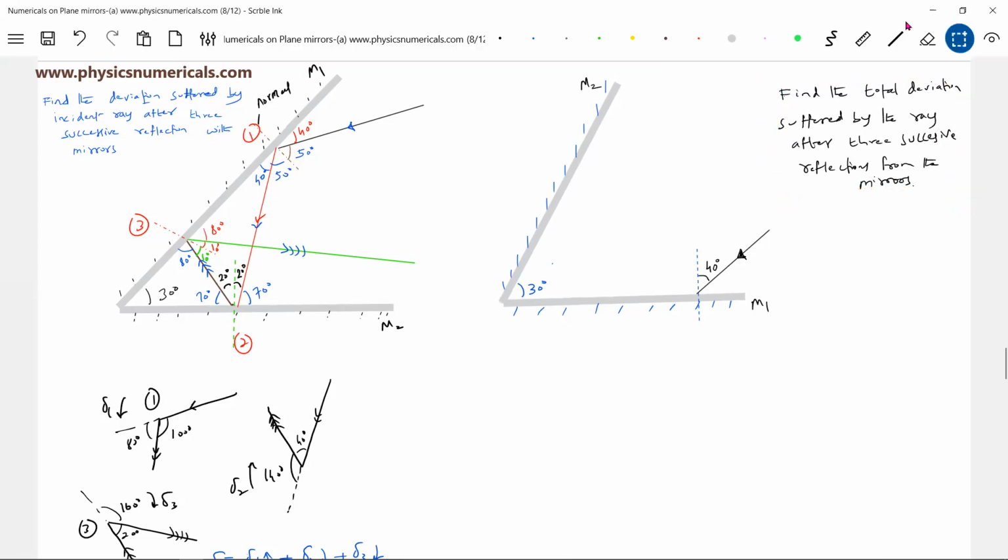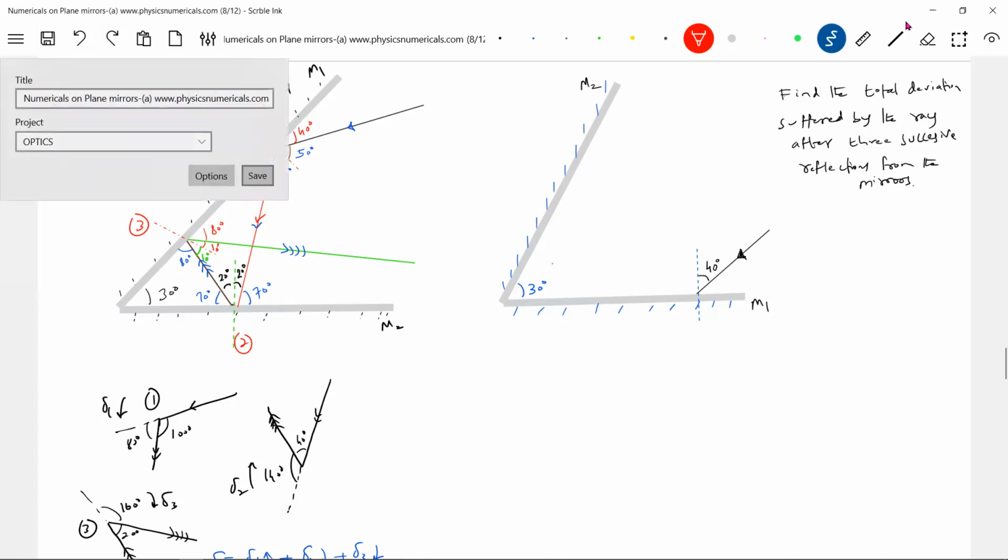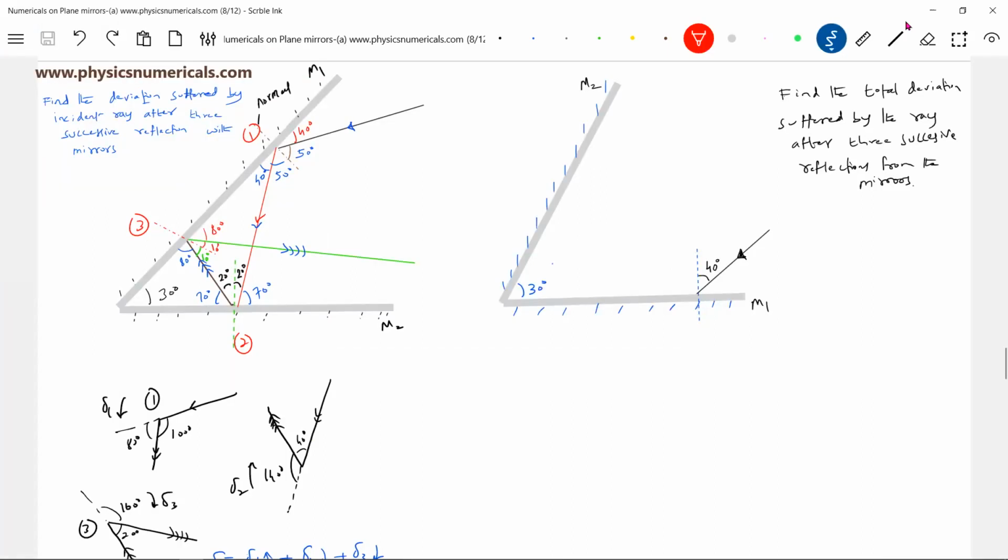So after reflection, so this ray after reflection will go and strike this, yeah, 40 degrees.